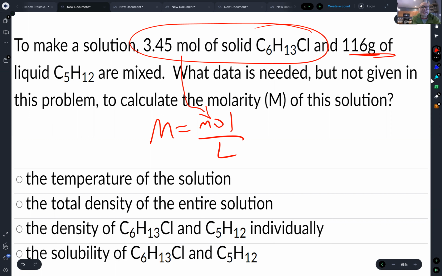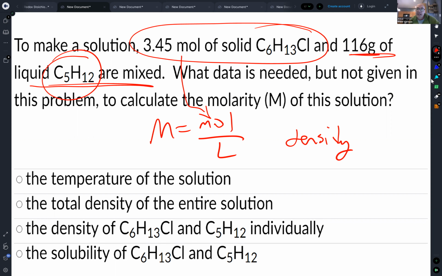116 grams of liquid C5H12. We don't know how to convert that into liters, so we would need the density of this C5H12 to convert grams into liters. We don't have any way to do that.